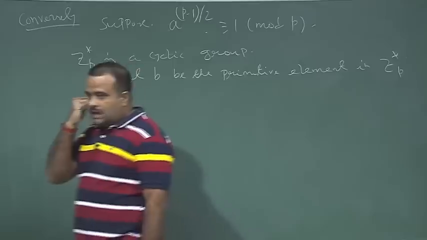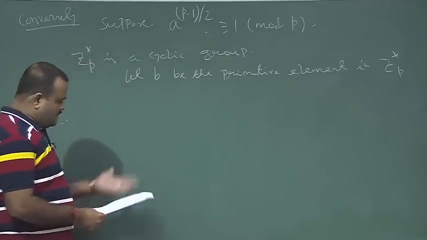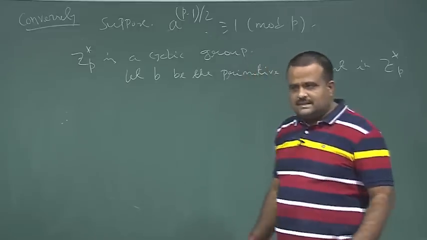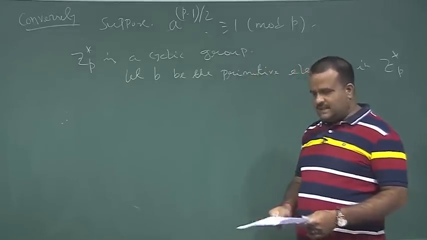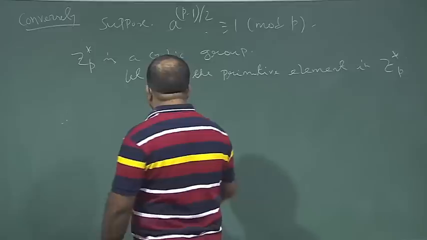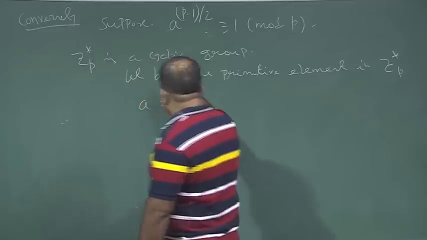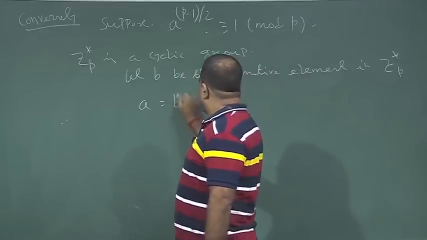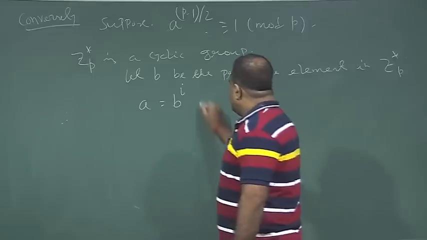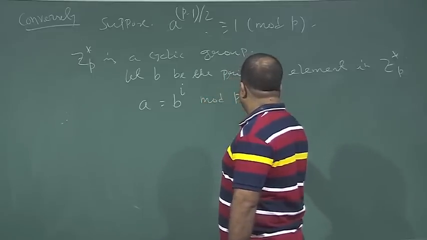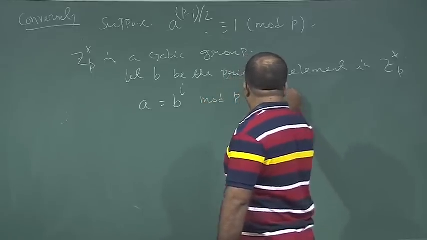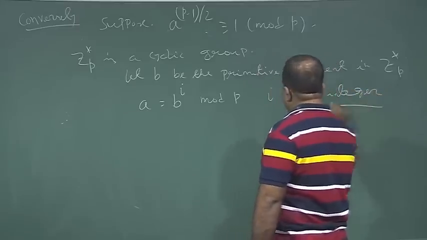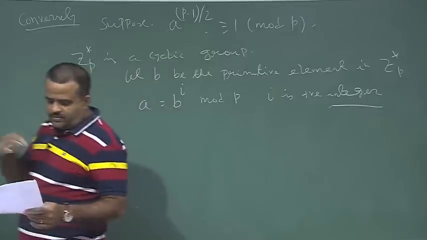So, A is an element from ZP star, since we are looking for a quadratic residue, a positive integer less than P. So, B must generate the group, and A can be written as b to the power I mod P, for some positive index I. I could be 2, 3, something.